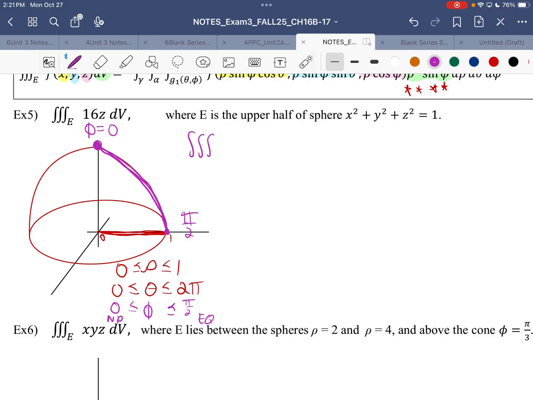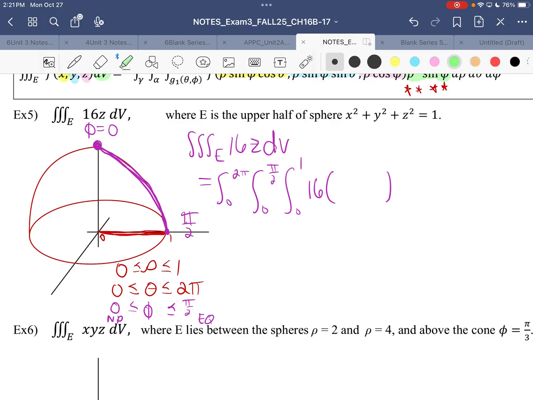Okay, so let's transform this triple integral of 16z dV. We're going to go 0 to 2 pi, 0 to pi over 2, 0 to 1. What was z equal to?